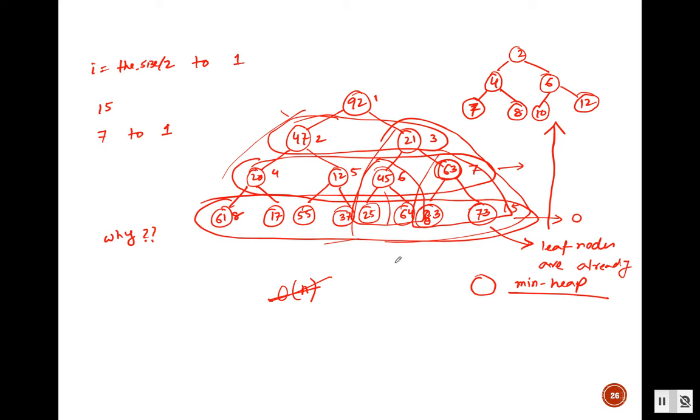Here what we are doing is the percolate down for each of the nodes. If we have a total of n nodes, then we are implementing the percolate down algorithm on about n by 2 nodes.